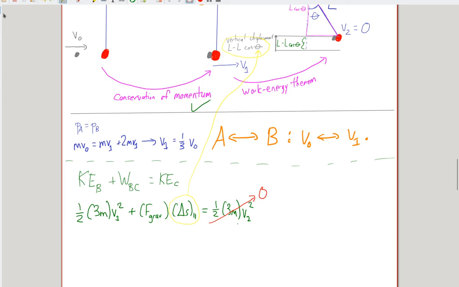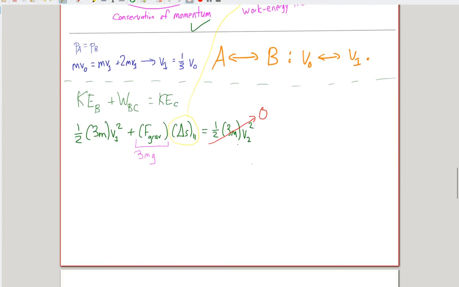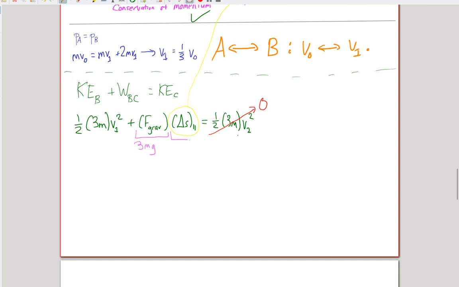And the force of gravity, again, is just going to be 3mg. So now I can substitute all of that in.